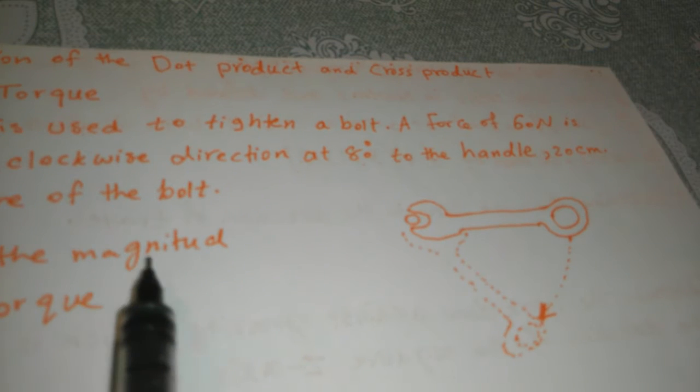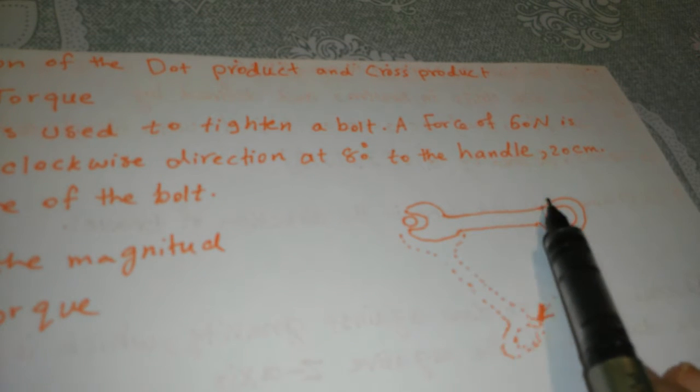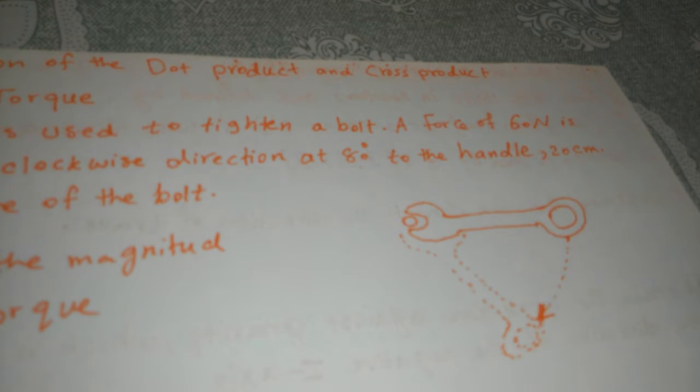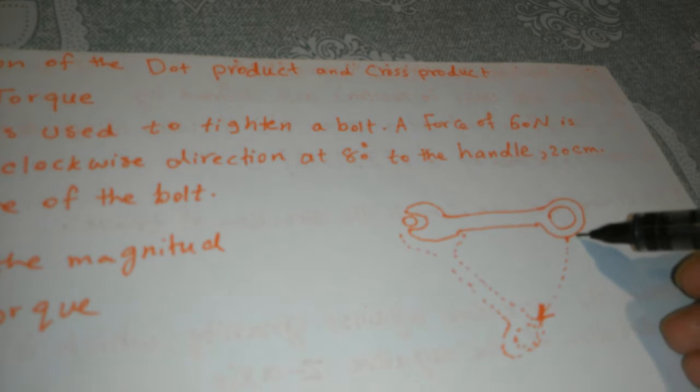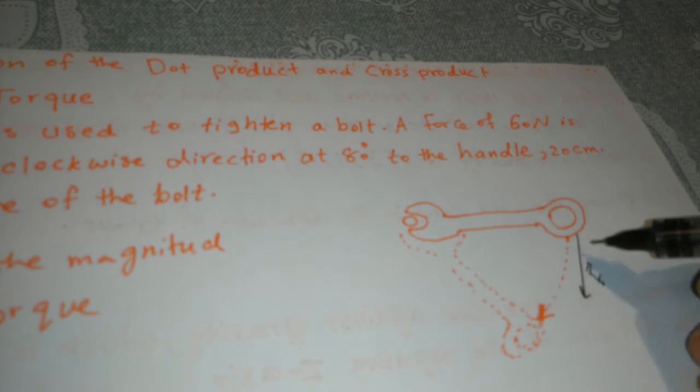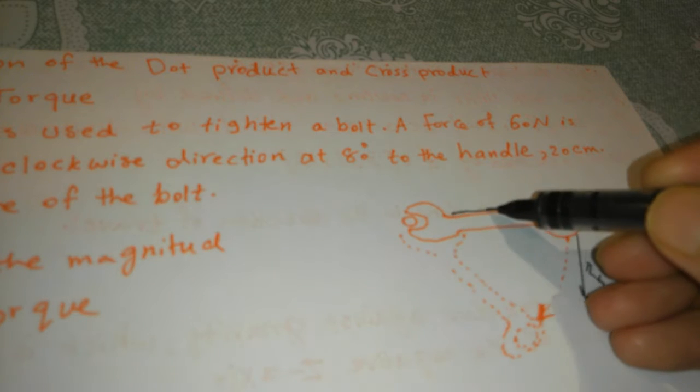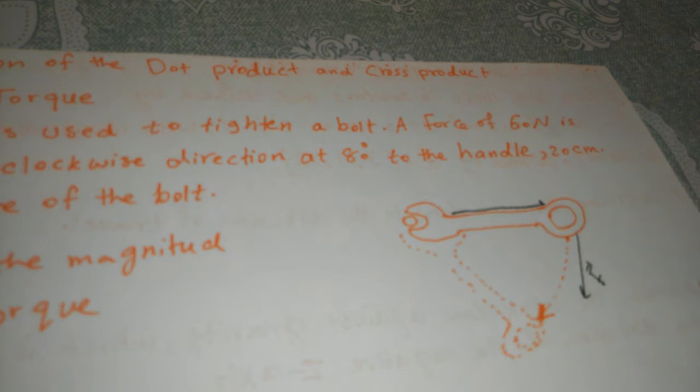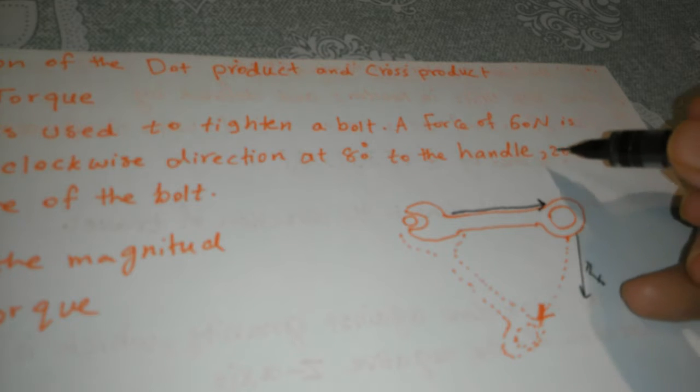So if you look at this picture, this is the bolt. I apply the force downward like this. I apply force here, and from here to here is going to be r.